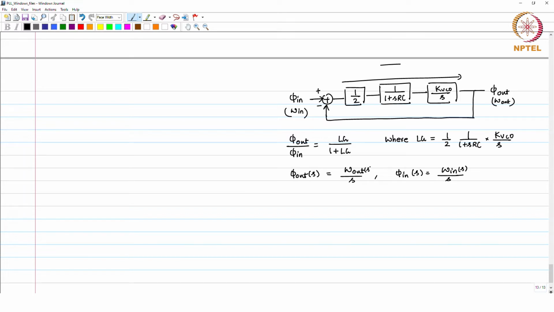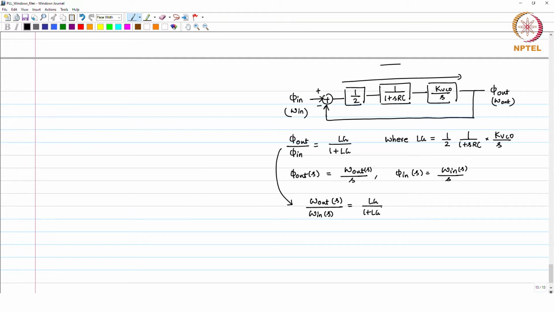The transfer function with respect to phi and omega, this gain model is the same as omega out of S by omega in of S. It is interesting to realize this. This is also going to be loop gain by 1 plus loop gain.